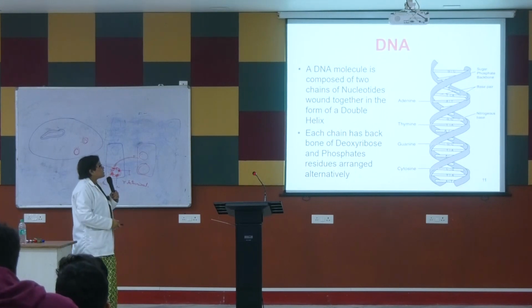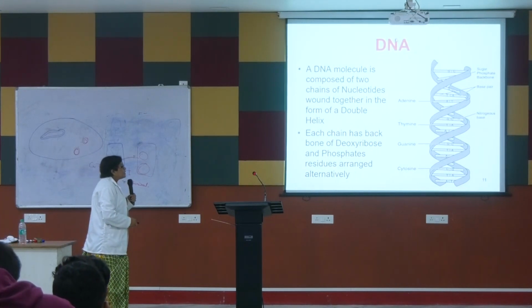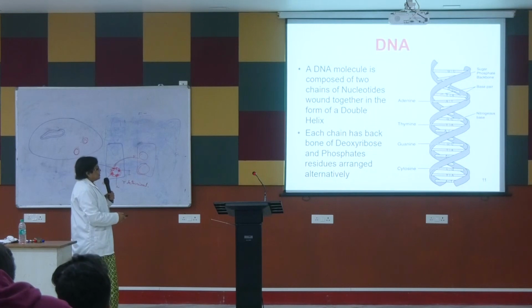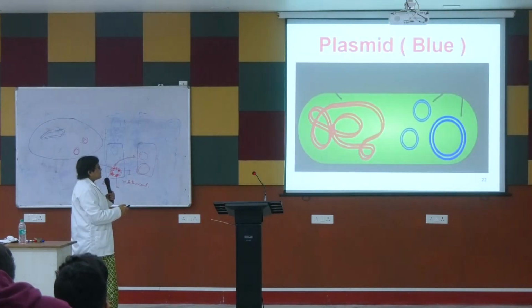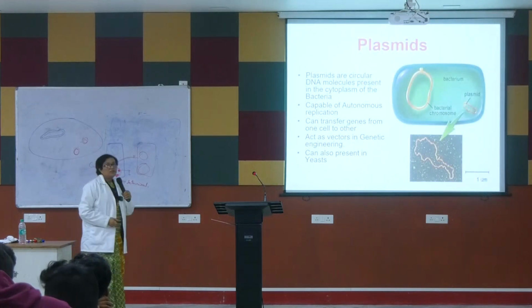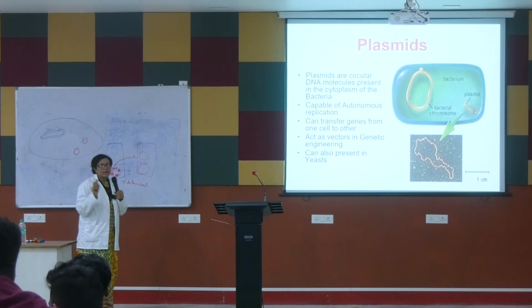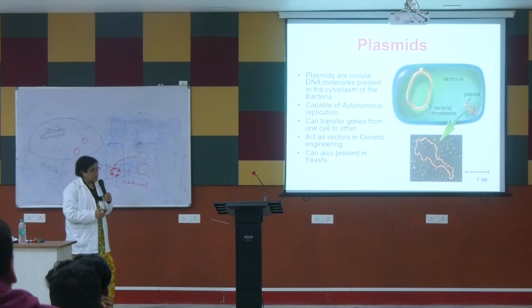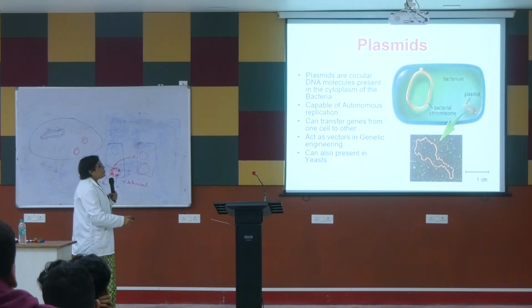This is the helical structure, double helix. This is the main thing. This is plasmid. Okay, previously everything you know. You can see this is the bacterial chromosome, and this is circular plasmid.